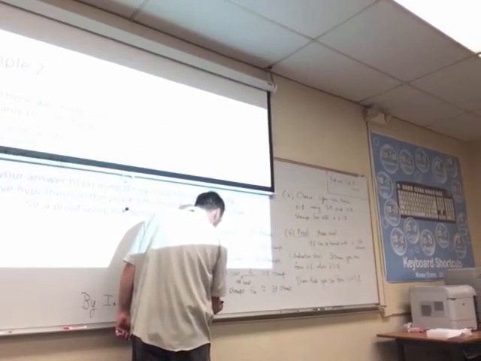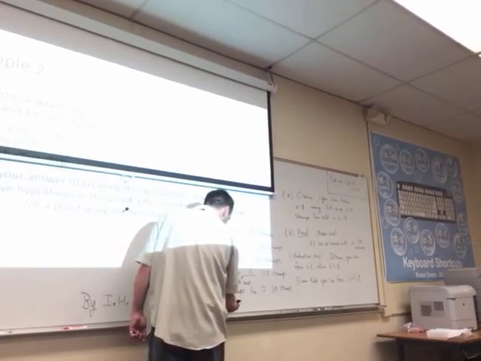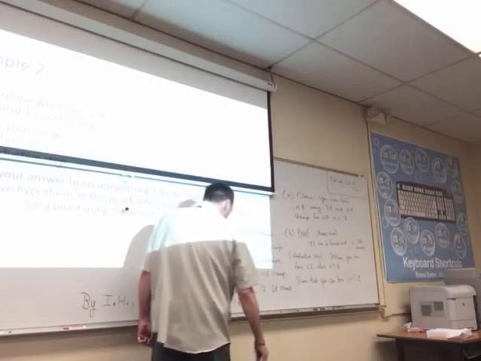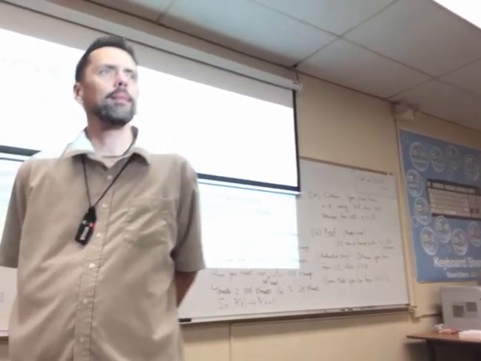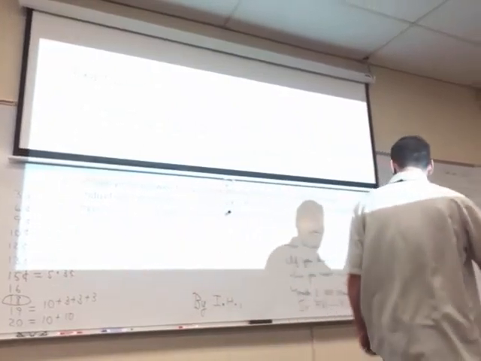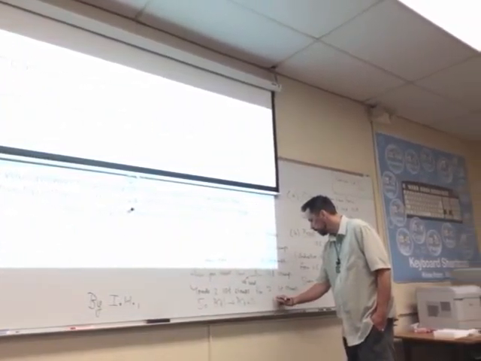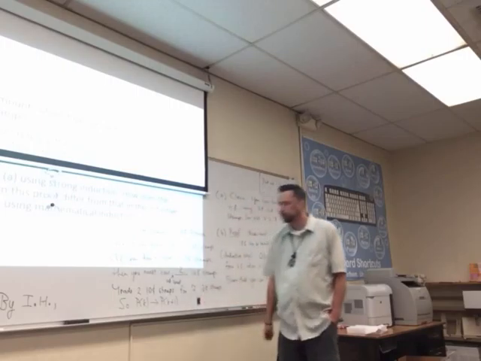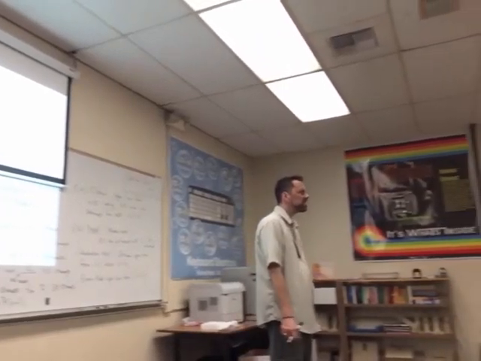P of K implies P of K plus 1. And that proves it. Does that kind of sort of make sense? It's kind of cool. It feels a little like a puzzle.